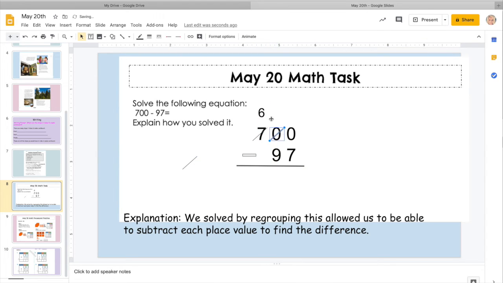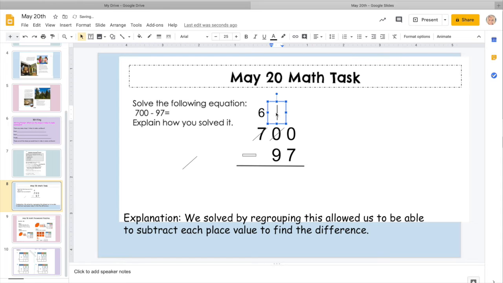All right, and then that is going to come next door, meaning that the 0 is going to become a 10 because we have borrowed from the hundreds to make a 10. Now we can borrow from the 10 and get enough to borrow from the 1s to be able to subtract that column.